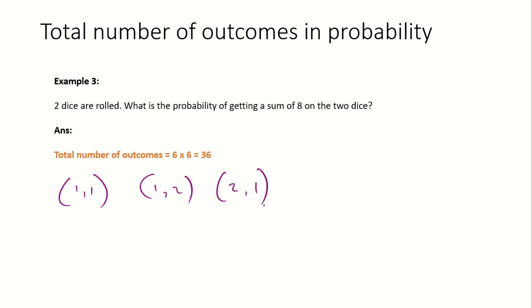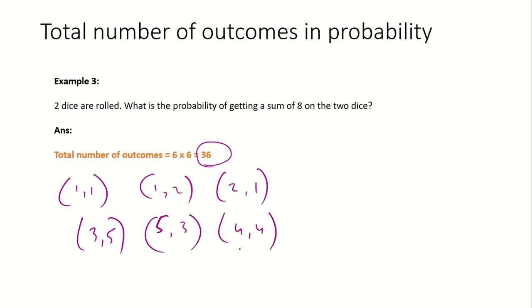You can get a 2 on the first die and a 1 on the second, or vice versa. Counting all of this, you'll get 36 outcomes. Let's list a few more: 3 and 5, 5 and 3, 4 and 4. Obviously, this is counted only once.